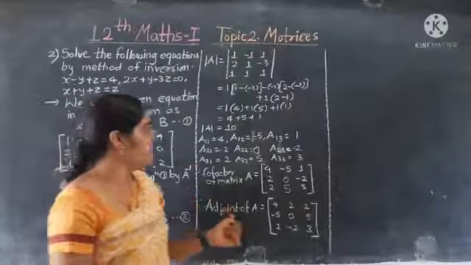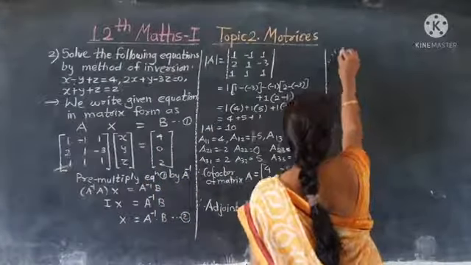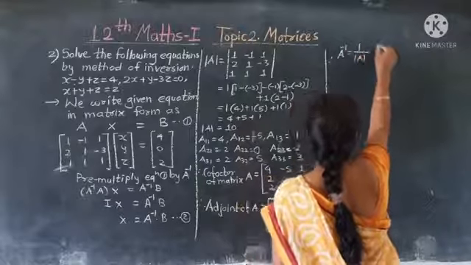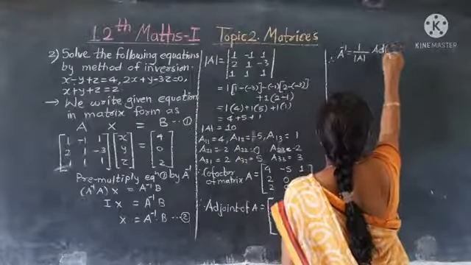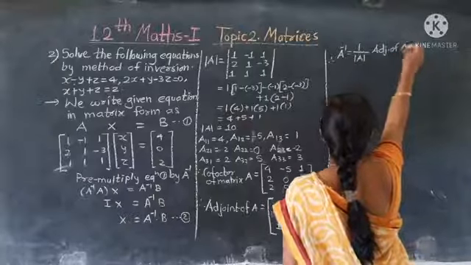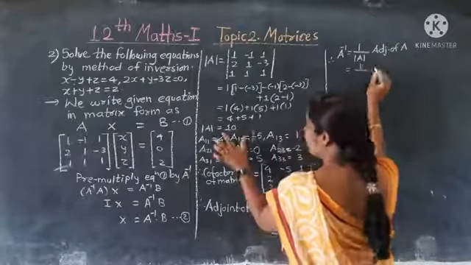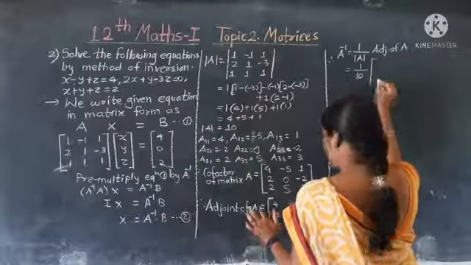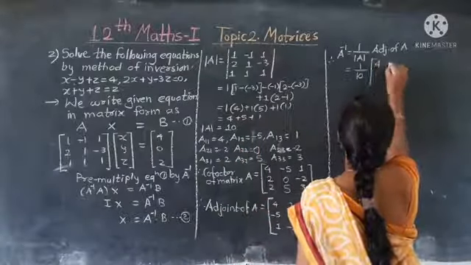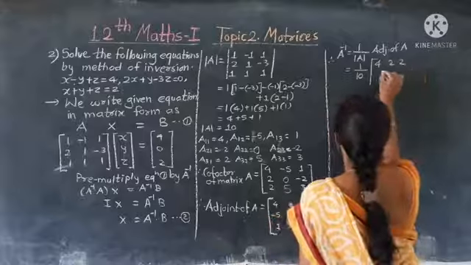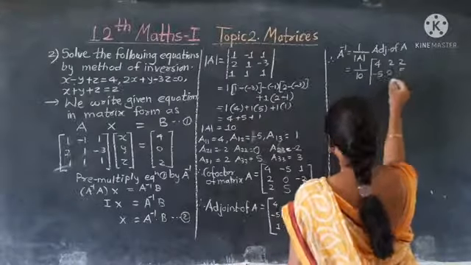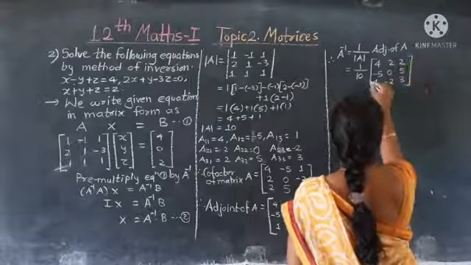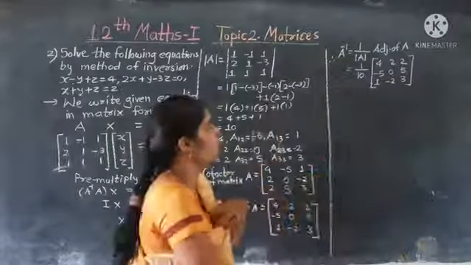Now you find A inverse. Therefore A inverse is equal to 1 upon determinant into adjoint of A. 1 upon what is the determinant value, 10, into adjoint of A, which is this matrix 4 2 2, minus 5 0 5, 1 minus 2 3. Okay, we get A inverse.